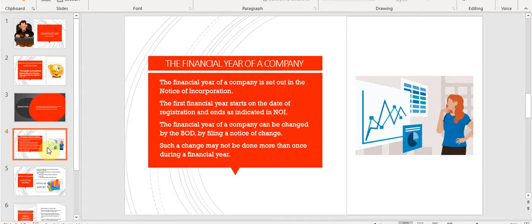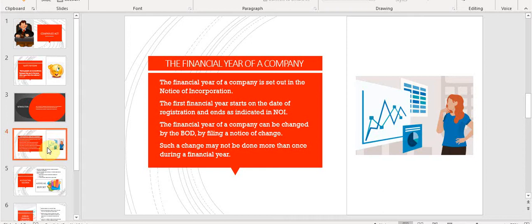But you will also find that first financial years are often not 12 months long. They can be shorter, like 6 or 7 months, so the first year will not necessarily have a 12-month year, just because the business started during the year.